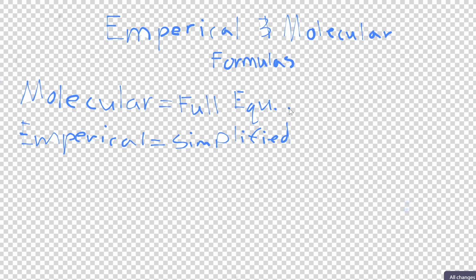Now, a full equation will look something like H2O, which we all know is water. Now, this equation cannot be simplified any more than what it already is. However, H4O2 could be simplified to H2O by taking out two hydrogen molecules and two oxygen molecules.